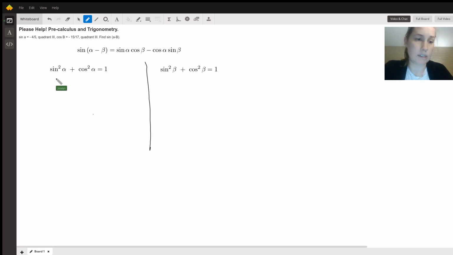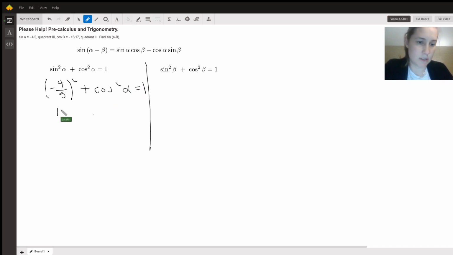So we know that sine of alpha is -4/5, and we're going to square that because of the square here. I know my pen tool is acting weird, so I'm sorry about the square. We rewrite cosine squared of alpha plus that equals 1.